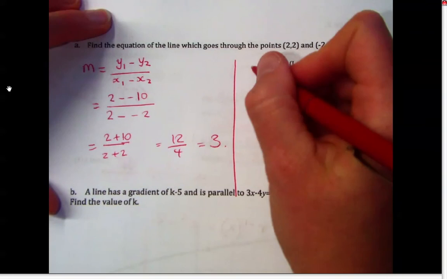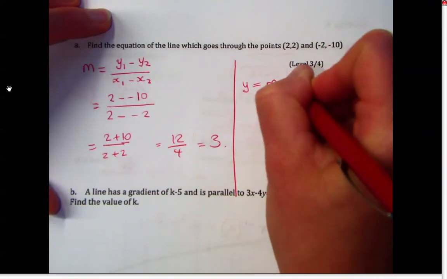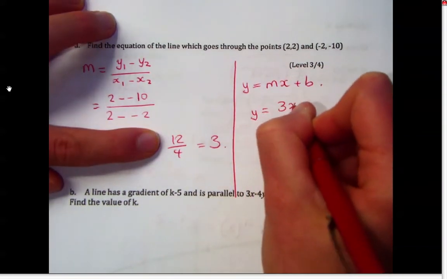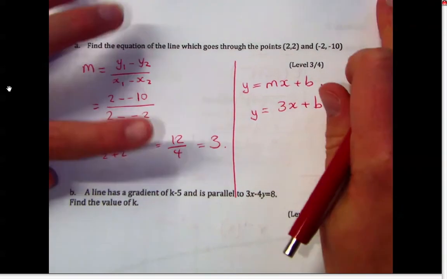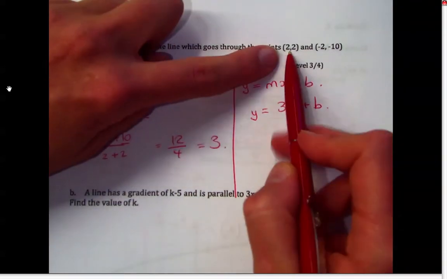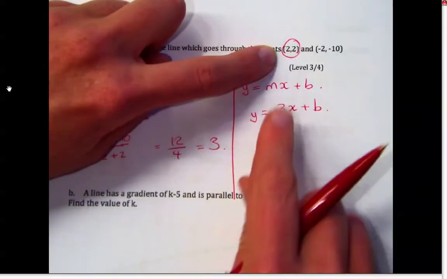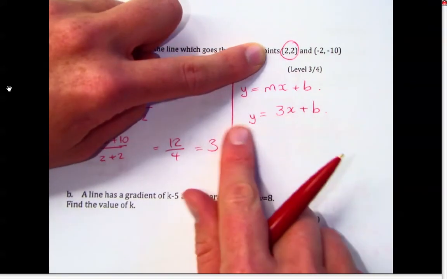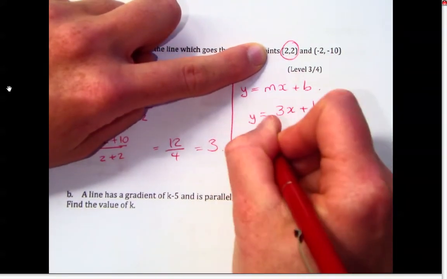So my aim is to build the equation y equals mx plus b. I know the value of m now. It's 3. And I know that this point is on the line, so this point has got to follow the rule. So if x is 2, I've got to get an answer of 2. So I'm going to substitute that point there.